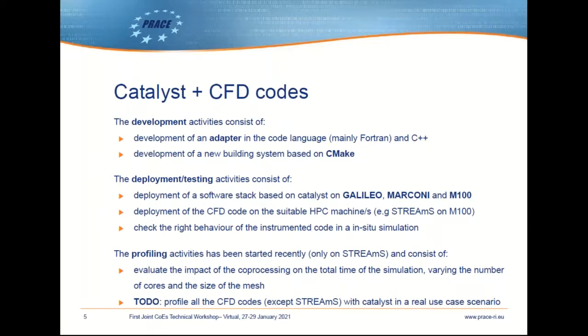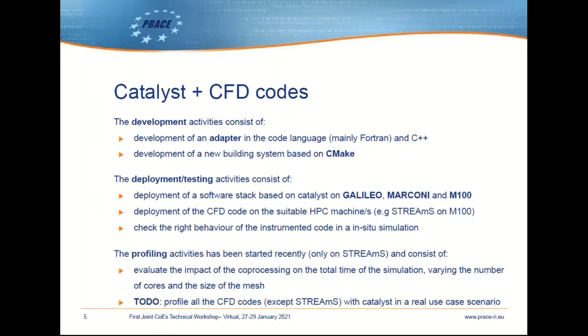So the activity consists mainly in the development of an adapter, which is needed in order to communicate the simulation codes with the framework, because you need in some way to talk between Catalyst and the simulation codes. You need to exchange information between the simulation and the rendering backend.